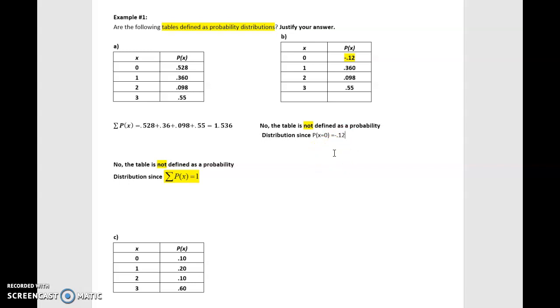And in this case, you don't have the condition that the values are between 0 to 1.